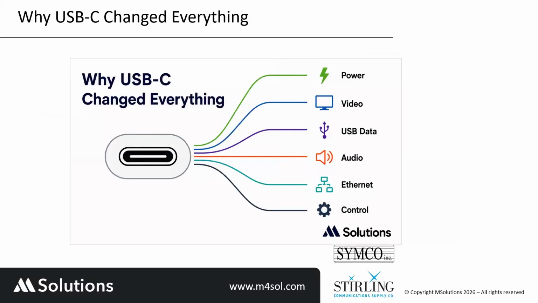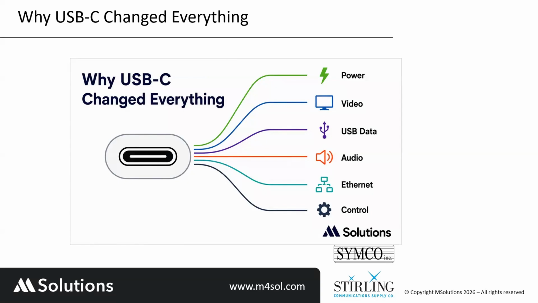So let's begin by understanding why USB-C has transformed the Pro AV industry. Traditionally, a meeting room or AV installation requires several separate cables like HDMI or DisplayPort for video, USB for data, power for charging, Ethernet for network capabilities, and sometimes separate audio or control cables. USB-C changed this by allowing many of these functions to travel through one connector, and in many cases, one cable.